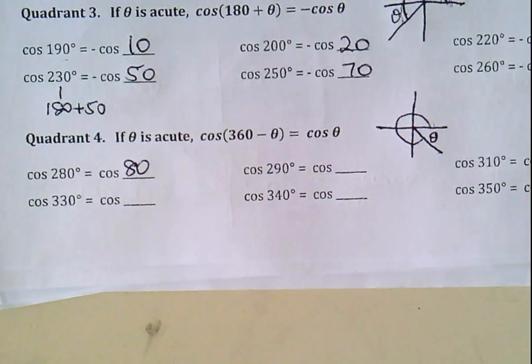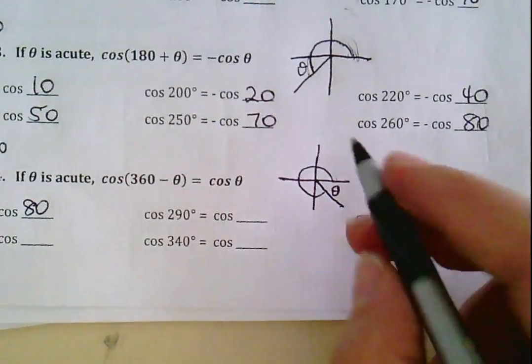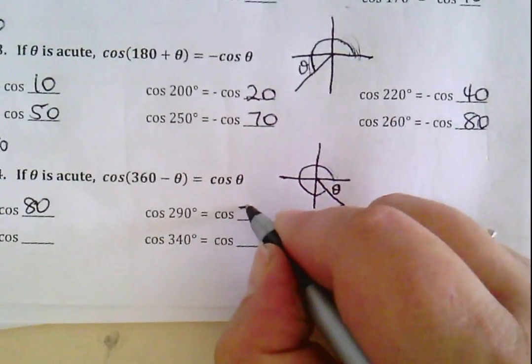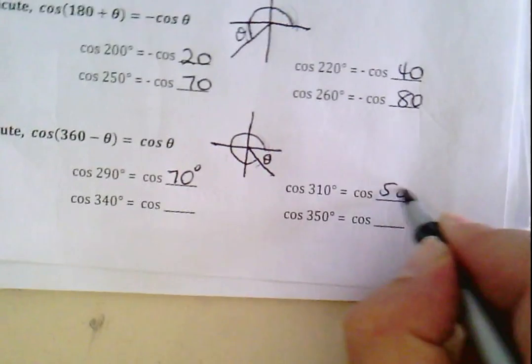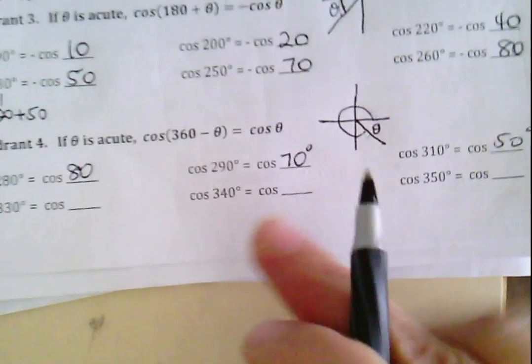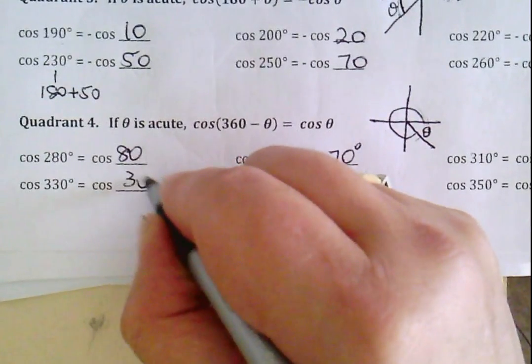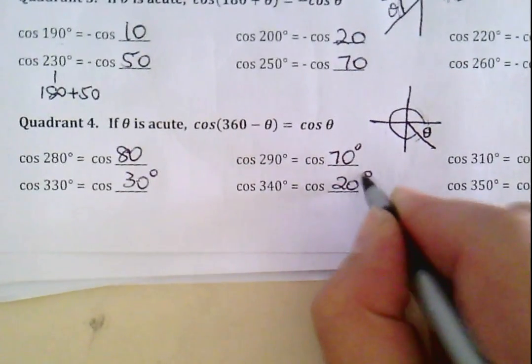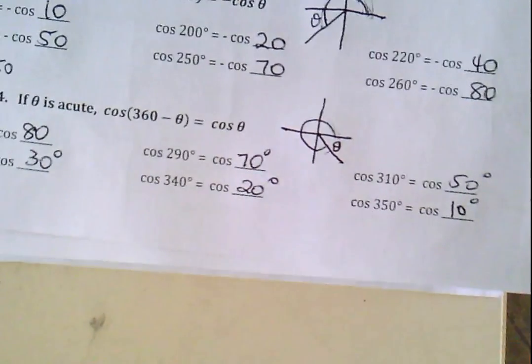You're back above the line, it's positive cos 80. Cos of 290, how far short? 70. Cos of 310 would have 50 left over. Remember, it's positive. Cos of 330 is 30 short. This is 20 short. And cos of 350 would be the same as cos 10.